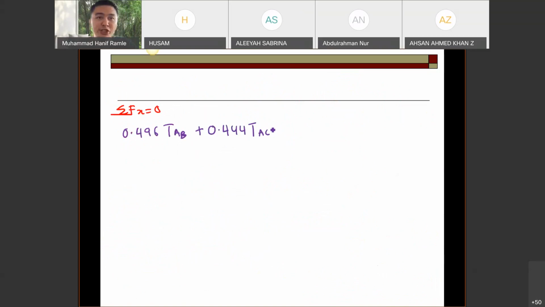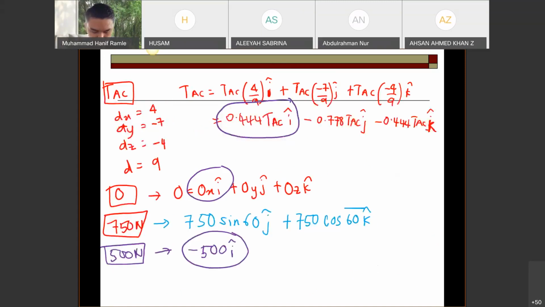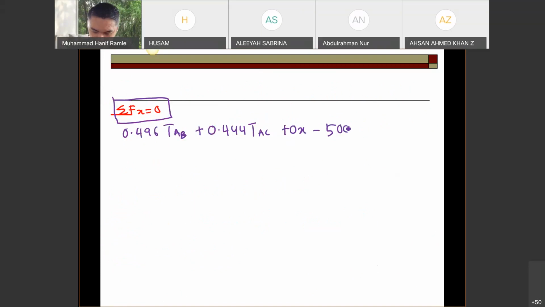In this solution, no need to put I because we already know this one is for the X component, which is the I component. So just put the number, the unknown value. Then plus OX, and then minus 500, equal to 0.